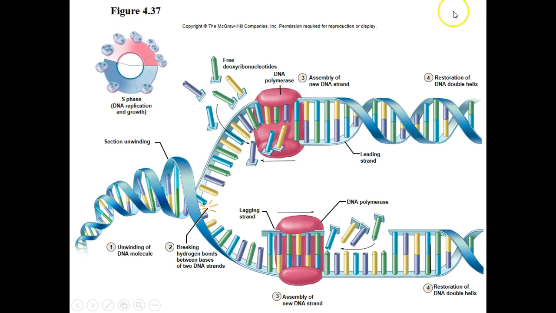So we're producing nucleotides for both sides, and this is going to make identical DNA strands that are both produced through semi-conservative replication, because they're going to have one parent strand and then a daughter strand that is new. The parent strand is old, the daughter strand is new, but they'll be identical to each other.